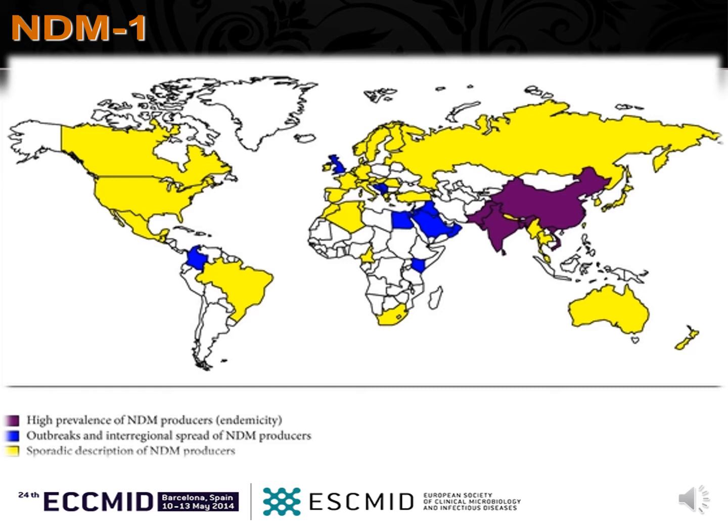And you see that now we have a lot of countries with sporadic description of NDM1 producing organisms, and some countries have a high level of prevalence of this mechanism associated with different pathogens.